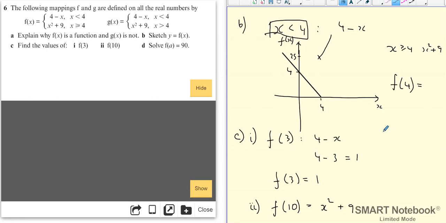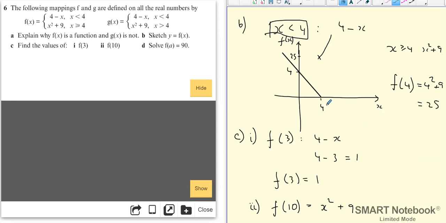All right, you get the hang of that. So 4 is obviously not less than 4, it's equal to 4. So we're going to use the second equation, 4 squared plus 9, and we get 25.